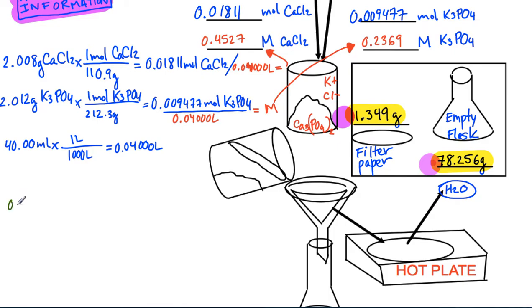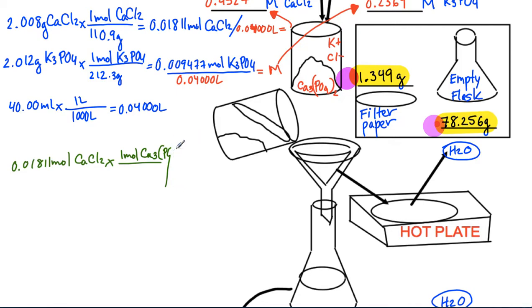So if we have 0.01811 moles of the calcium chloride, and we now convert this into 1 mole of calcium phosphate, and that is for every 3 moles of calcium chloride.